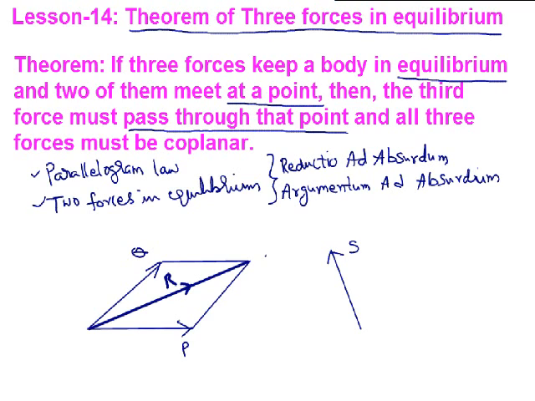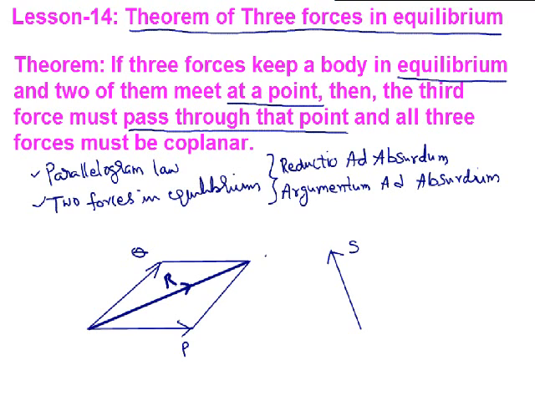Because P and Q are two straight lines, we can always consider a plane passing through them, because a plane passes through any set of two straight lines. So you have a plane which contains the lines of action of P and Q. Because of the parallelogram construction, R also is contained in the same plane.